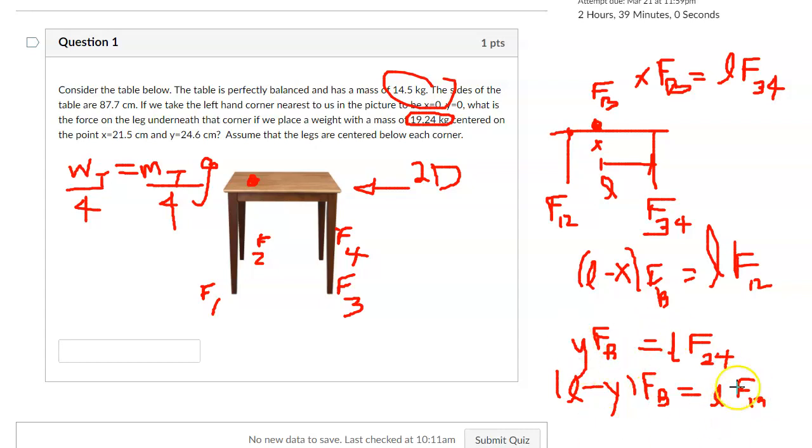And again, these are not independent. That's just looking at the same scenario where all I've done is looked at it from this side instead of from the front, and come up with the torque equations.